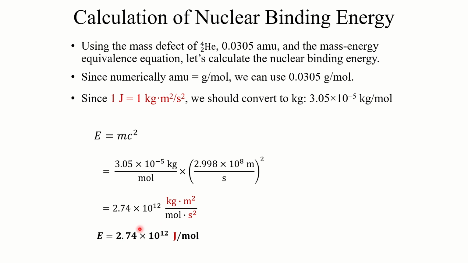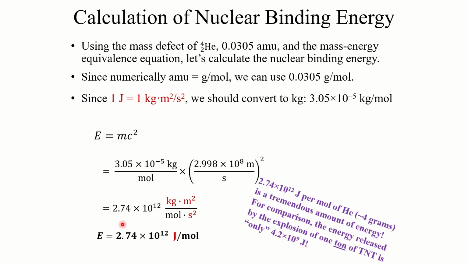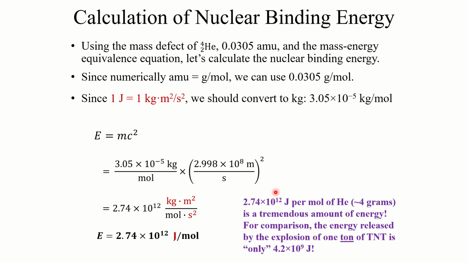And I know this, what does this number actually mean? This is actually a tremendous amount of energy. So 2.74 times 10 to the 12th joules per mole. 1 mole of helium is only 4 grams. What this means is that if you were to split 4 grams of helium, it would give off 2.74 times 10 to the 12th joules of energy.